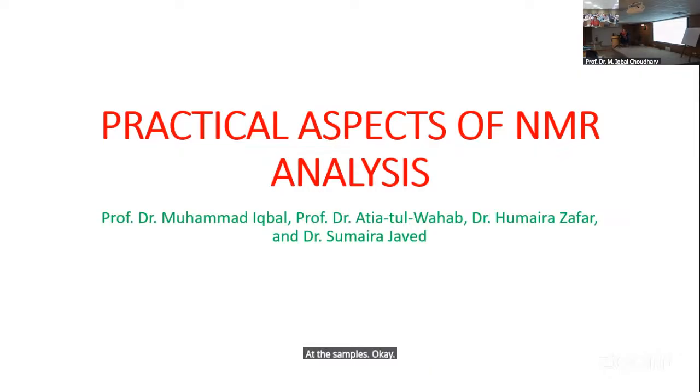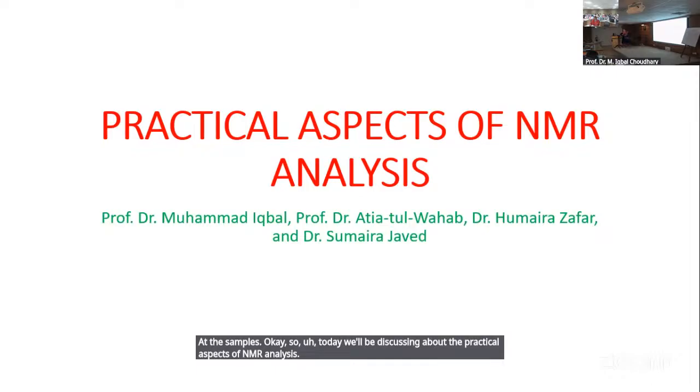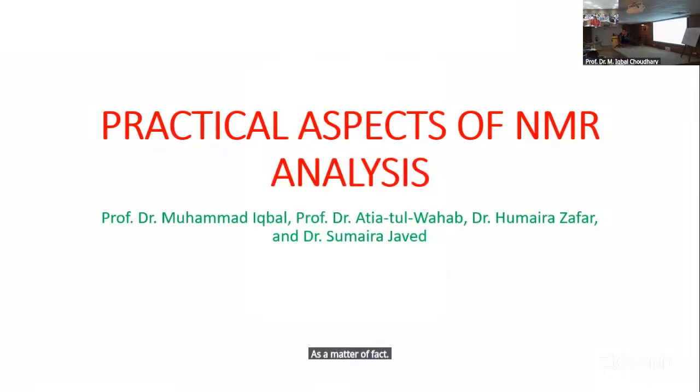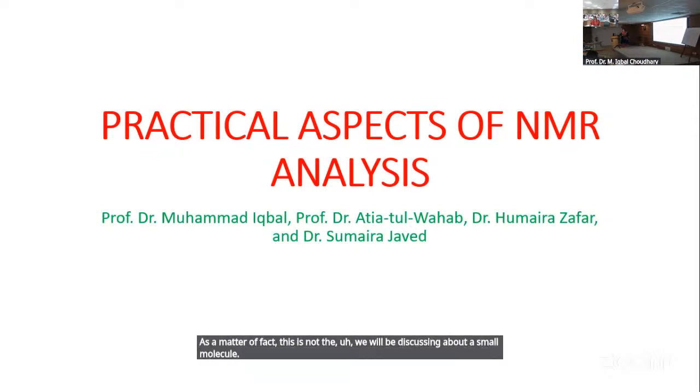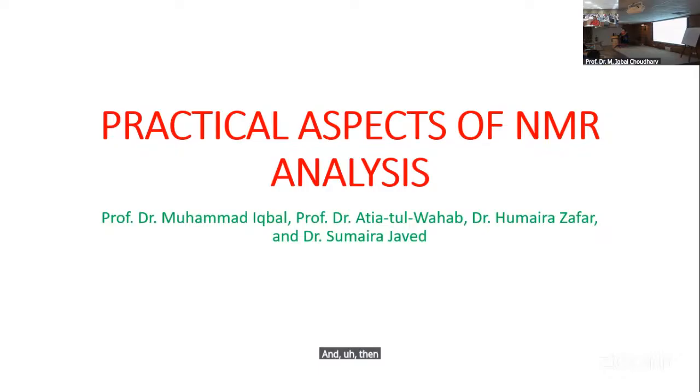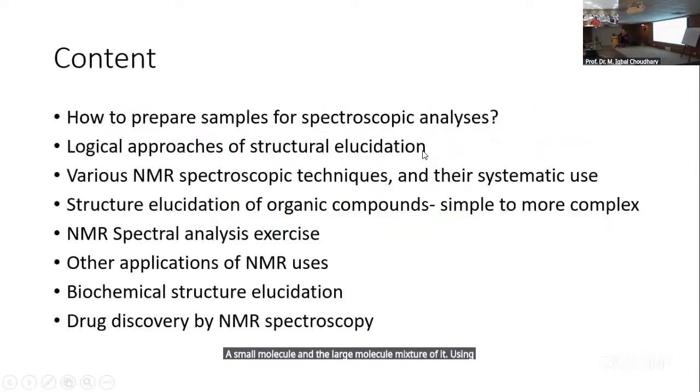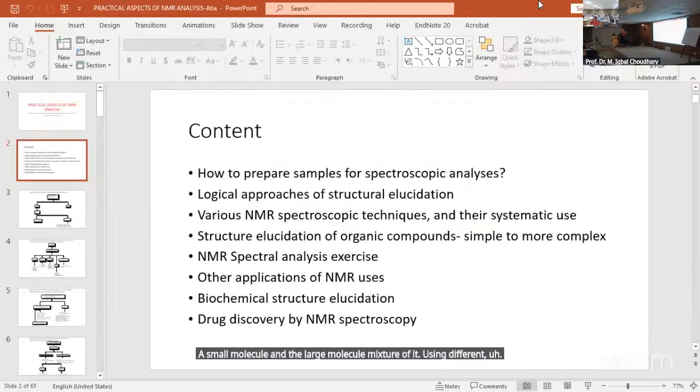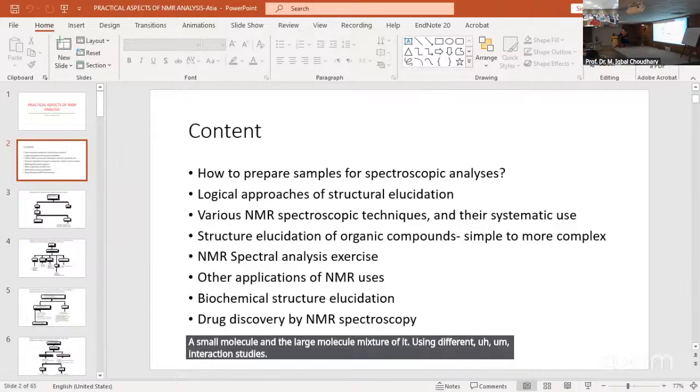Okay, so today we'll be discussing the practical aspects of NMR analysis. We will be discussing a small molecule, and then the practical aspects of a mixture of small molecule and large molecule, using different interaction studies, for example, STD NMR.